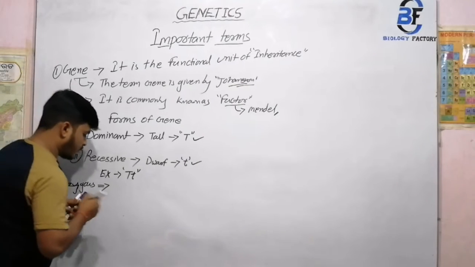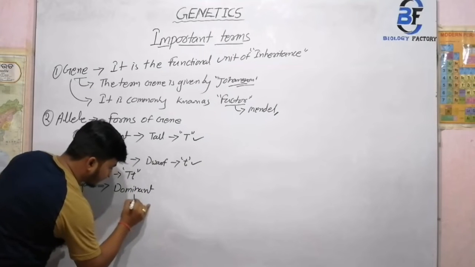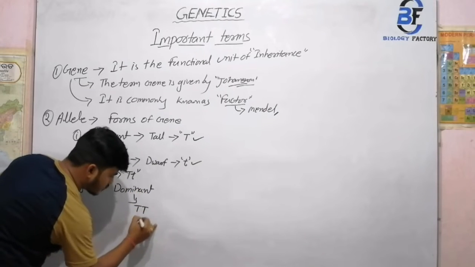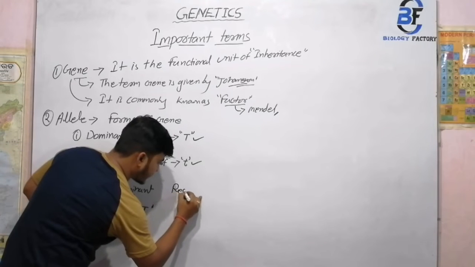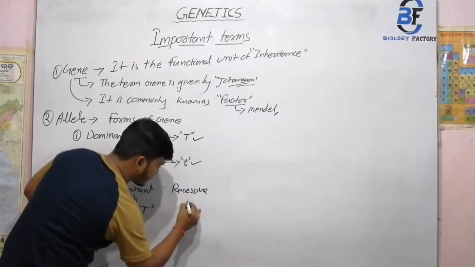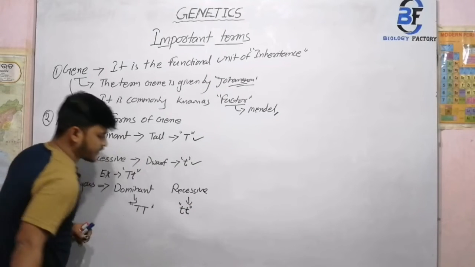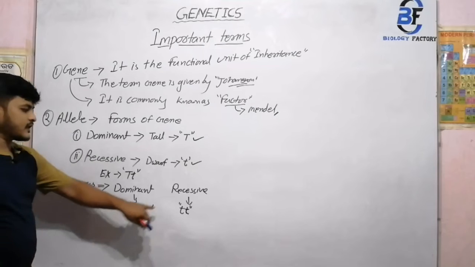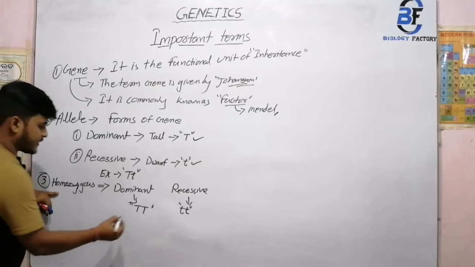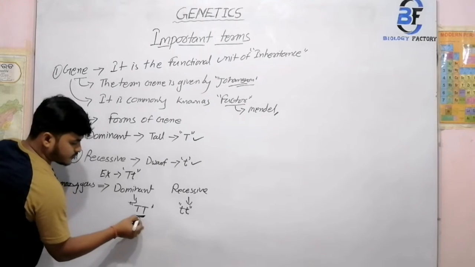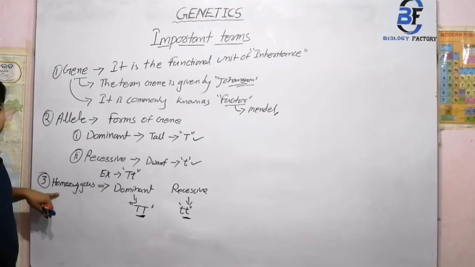That means if we take dominant, both genes are dominant, that means both are capital T. If we take recessive, then both are recessive, that means both are small t. So it is the dominant trait, and it is the recessive trait. Homozygous means both are the same. Homo, here both are the same, and here also both are the same. So it is the homozygous condition.